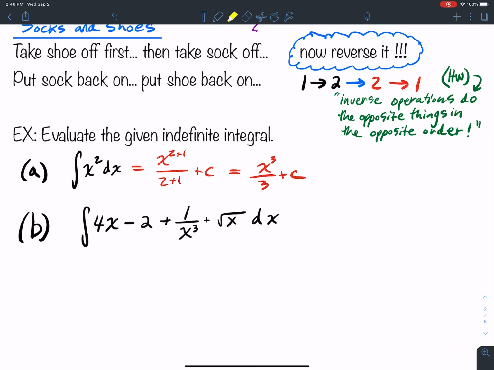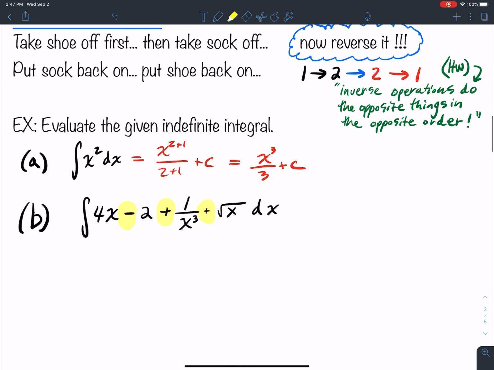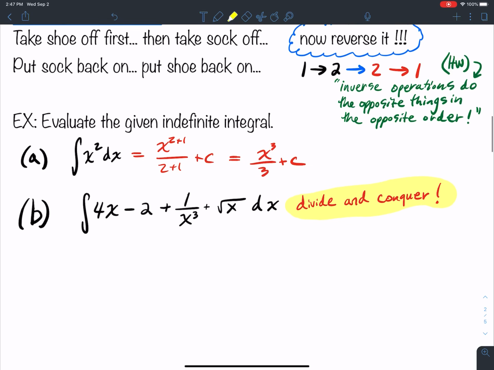Now, let's try one a little bit more complicated. What's the difference between this and this? Well, instead of just one integrand in here, this whole thing is one integrand, but I have minus, plus, plus. I can break this up here, okay? Addition and subtraction, I can divide and conquer.